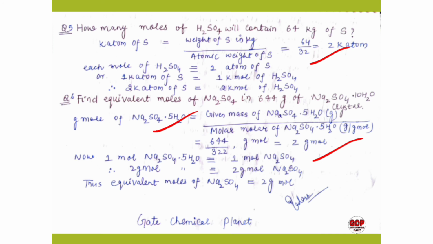Is it clear? Then 2 gram moles is equivalent to, this sign is for equivalent, 2 gram moles of Na2SO4. Thus, the equivalent moles of Na2SO4 is equal to 2 gram moles. I think it is clear to all the students.